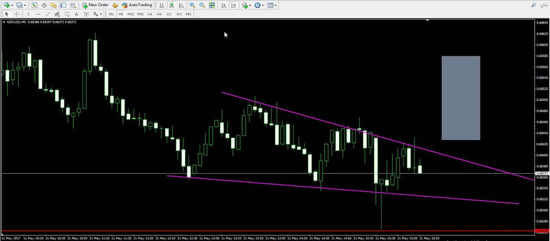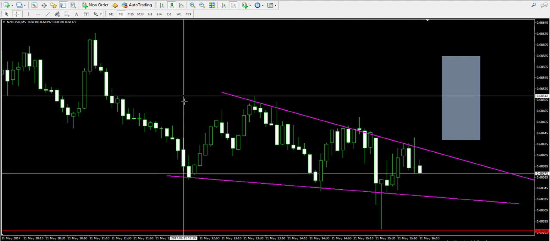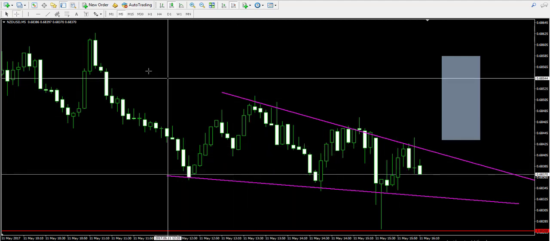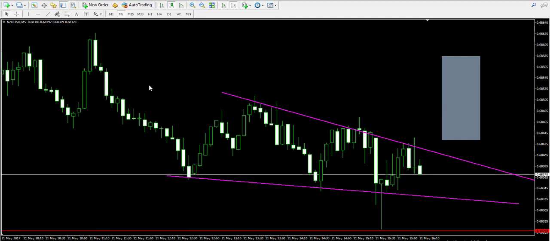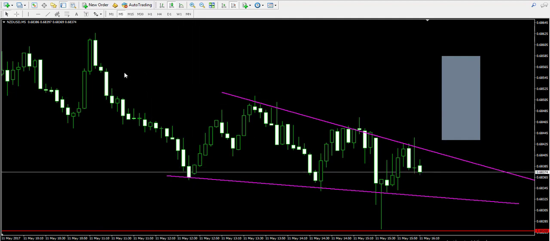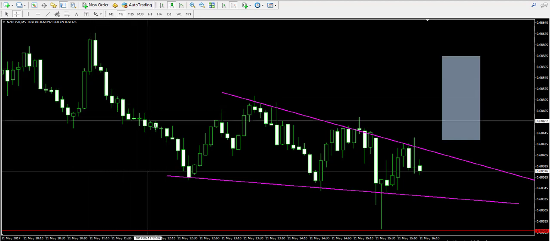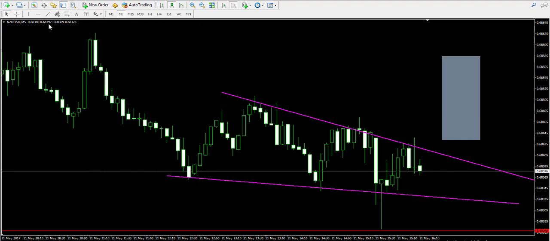The interesting thing about the wedge patterns that appear as a reversal, because this is a reversal wedge since we had a bearish trend previously, is that the wedge acts as a slowdown of the previous price decrease.